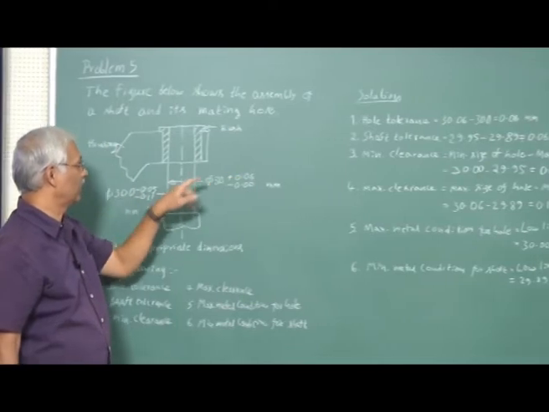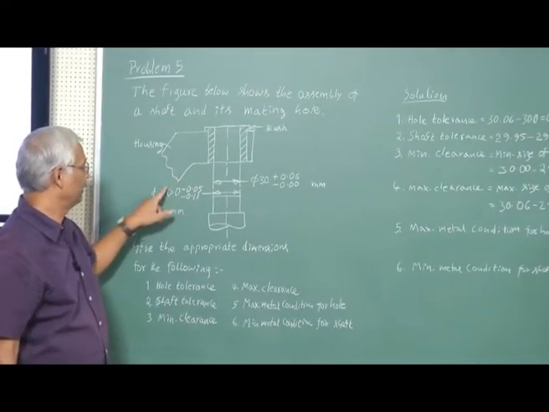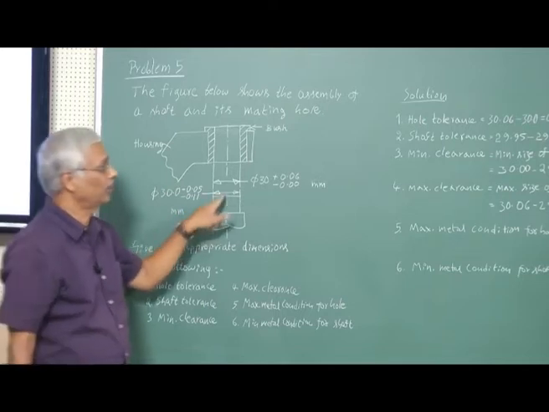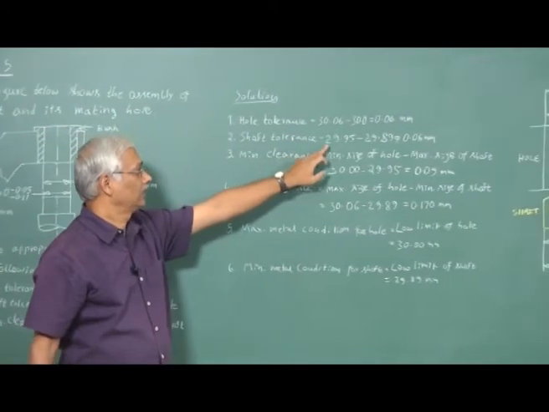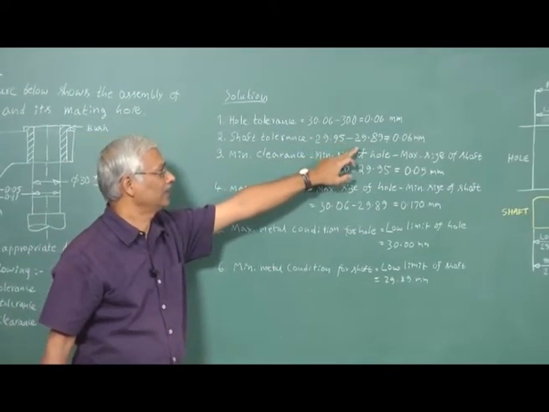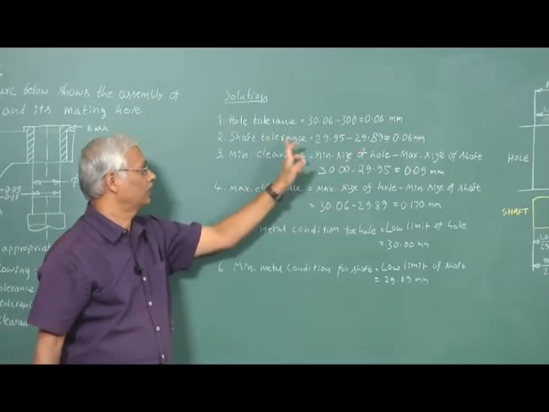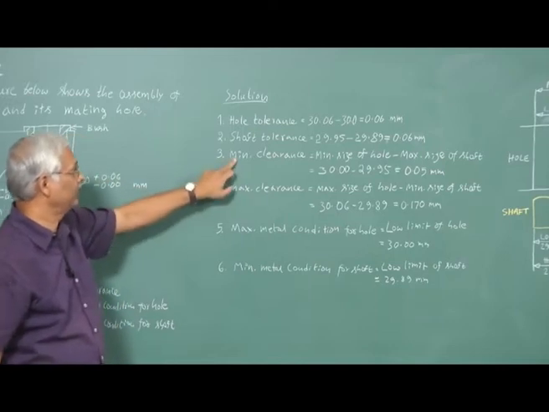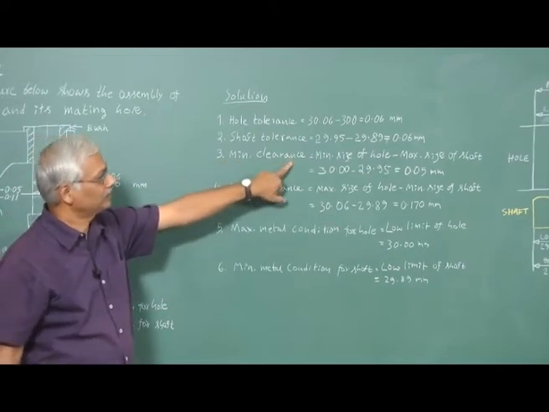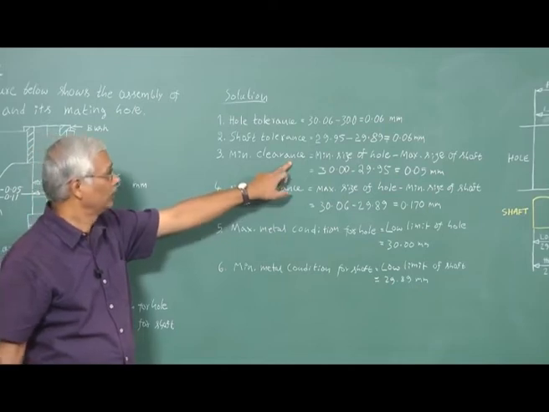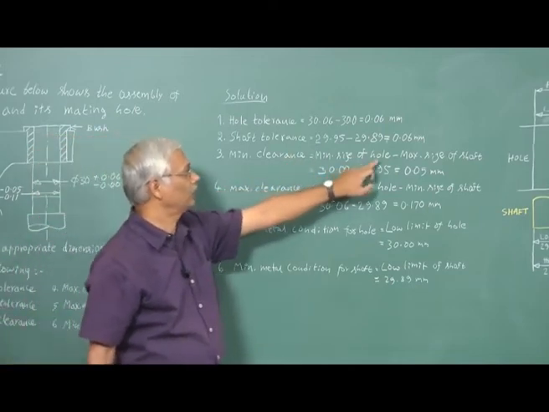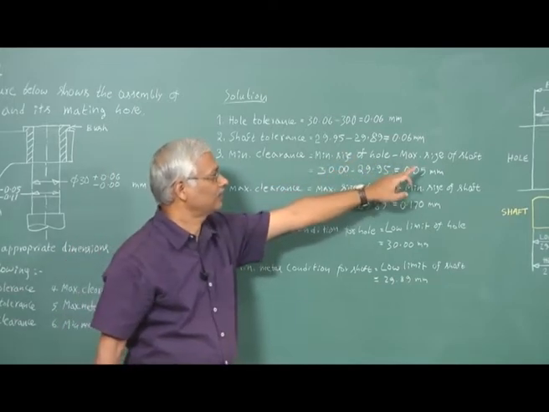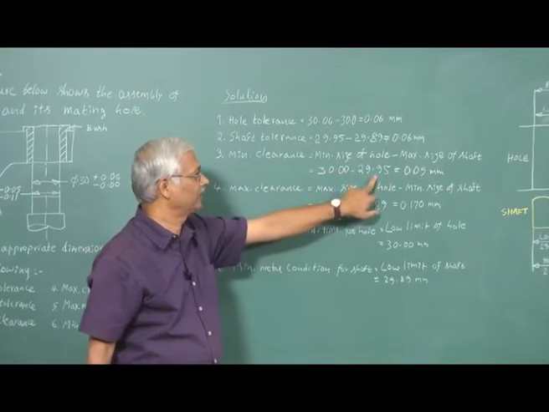Similarly, to find the shaft tolerance we have to find the difference between the maximum size of the shaft and minimum size of the shaft, that is 29.95 minus 29.89 will give us the shaft tolerance of 0.06 millimeter, and then they have to find the minimum clearance between the shaft and the hole. So this is equal to minimum size of the hole, that is equal to 30 millimeter, minus maximum size of the shaft, that is equal to 29.95 millimeter.